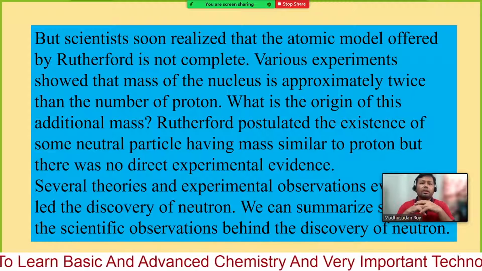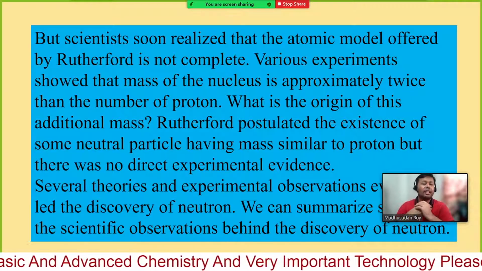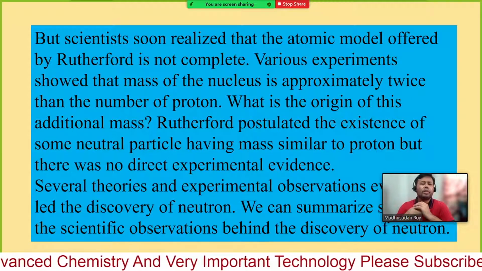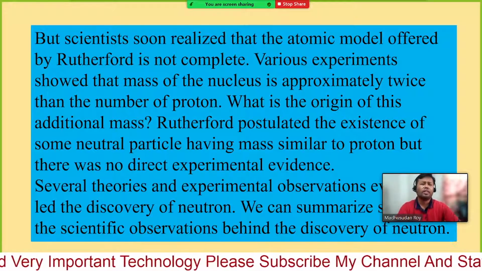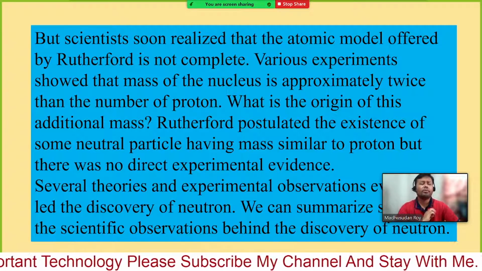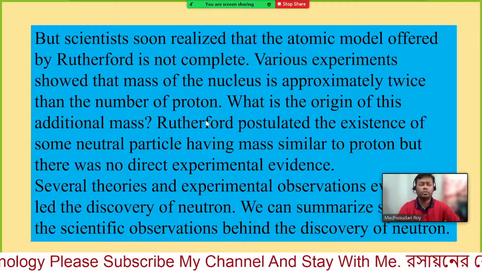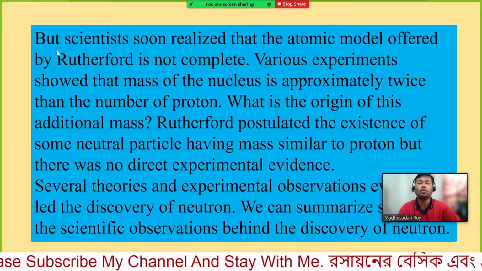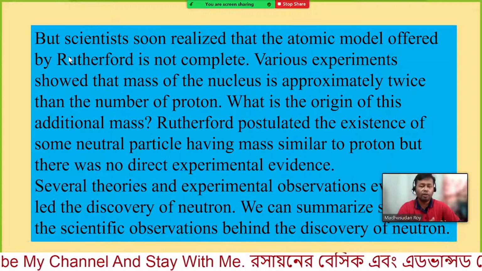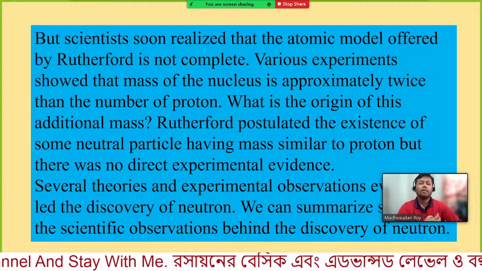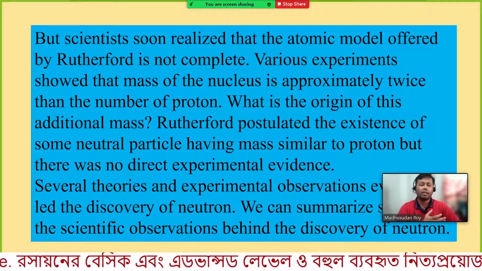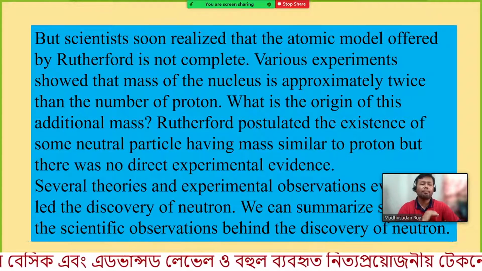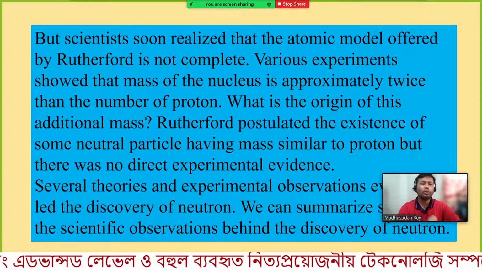We know that a helium atom has 2 protons, but the mass is 4. How is it possible? Many scientists could not find the answer. The mass is almost double most of the time, but not always.